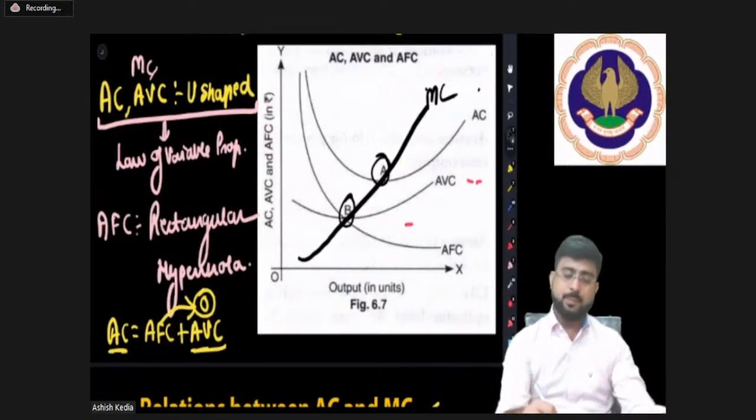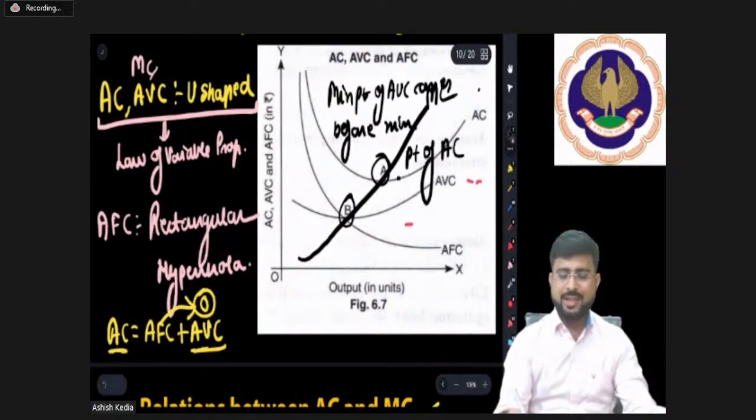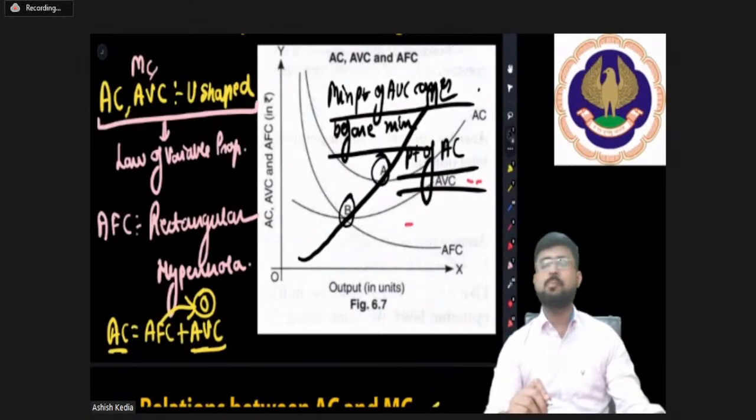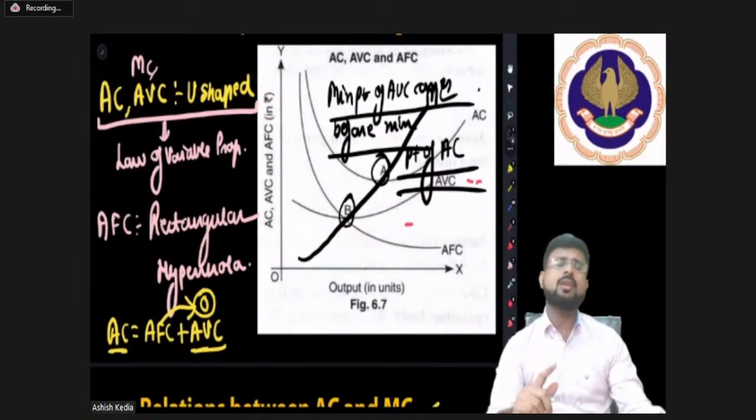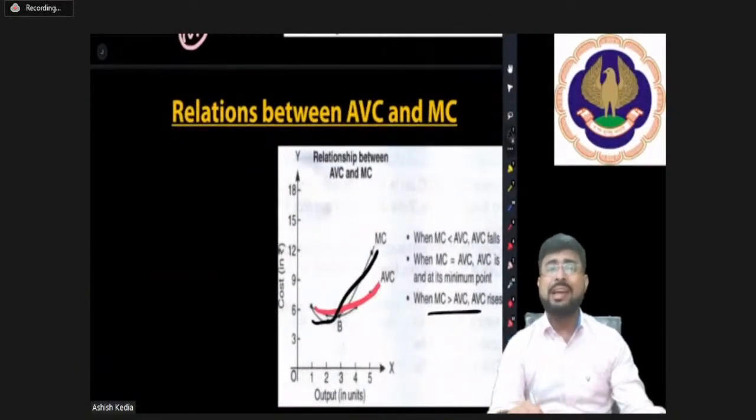Remember this: minimum point of AVC comes before minimum point of AC. Come on, everyone, write it down in the chat. Whose minimum point comes first, AVC or AC? Correct. The minimum point of AVC comes before.